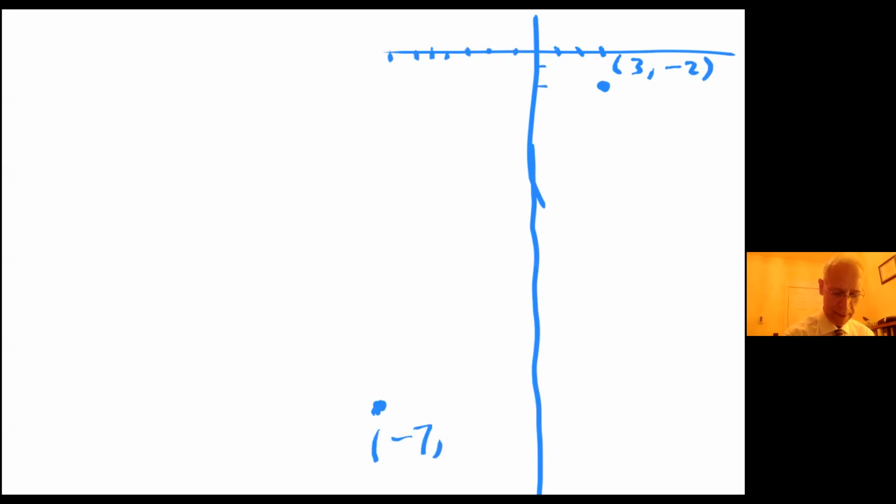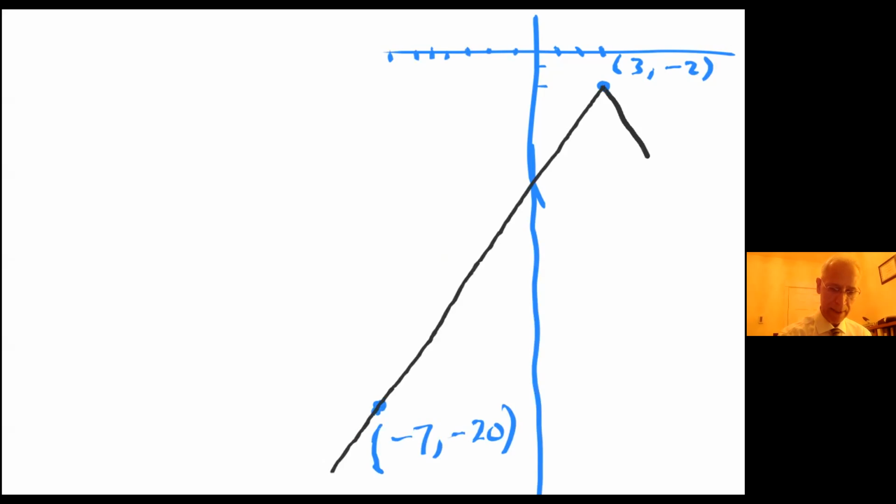So this graph is given to you. You look at it very carefully. You can tell that the vertex is at 3, -2, and the graph is passing through -7, -20.